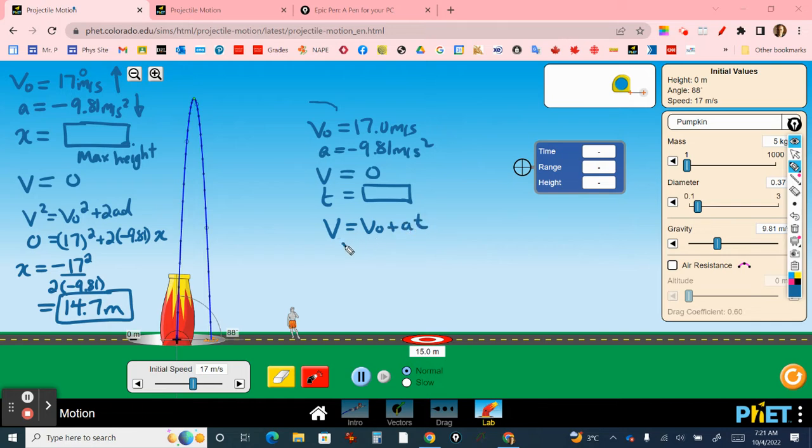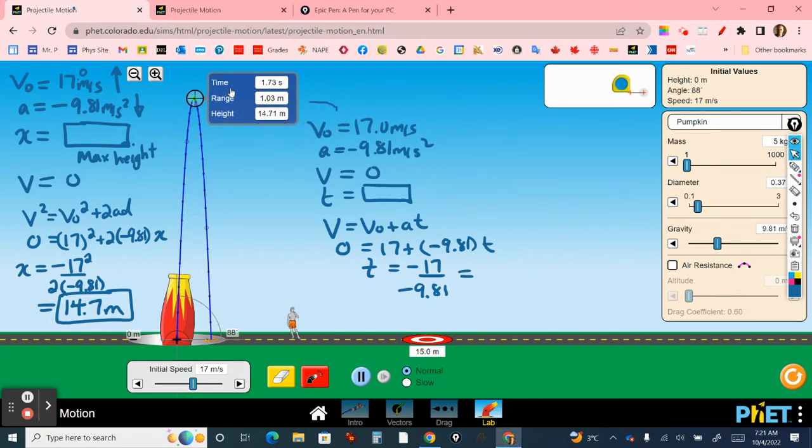The v drops to 0, so 0 equals 17 plus negative 9.81 times t, and the t is going to be minus 17 over negative 9.81, which is what you would expect. So 17 divided by 9.81 is 1.73 according to this. And if I place this over, I get 1.73. So the two things match. That means that our simulation has been programmed correctly.